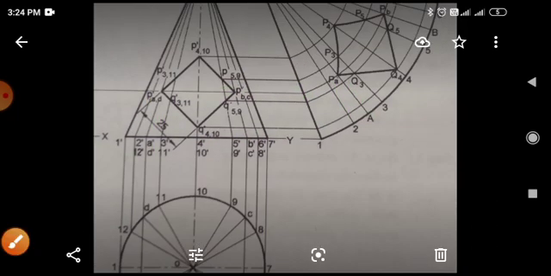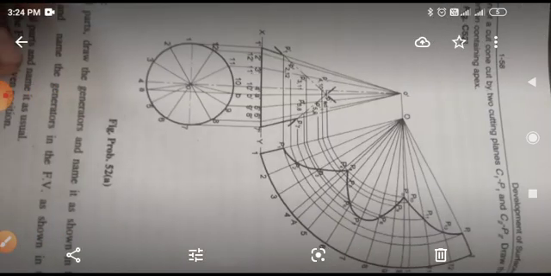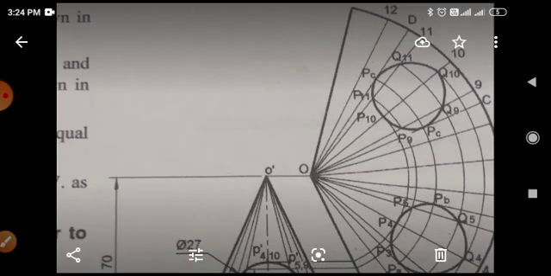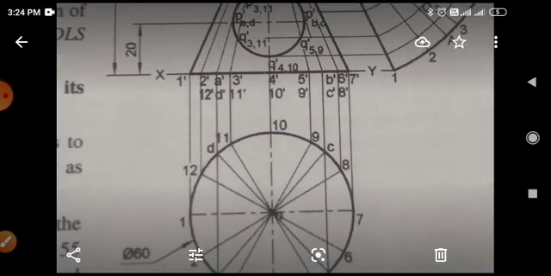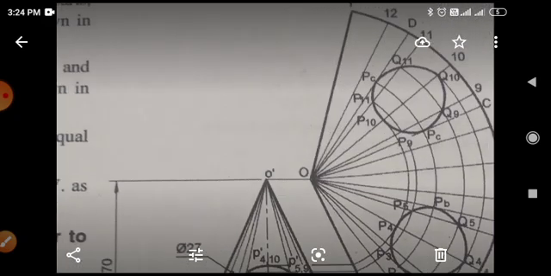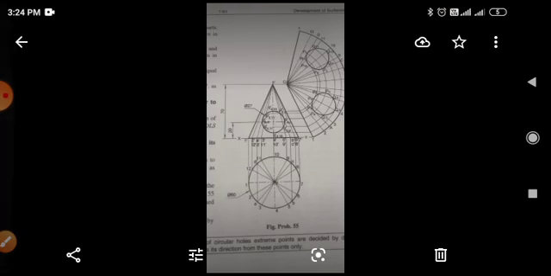Now further in the same way you have to do all this. Here you can see different cones are given with different diameters and heights, keeping in mind the formula for calculating theta.